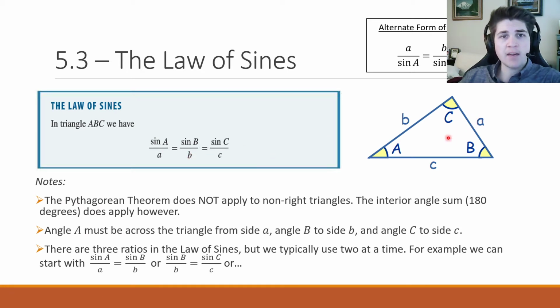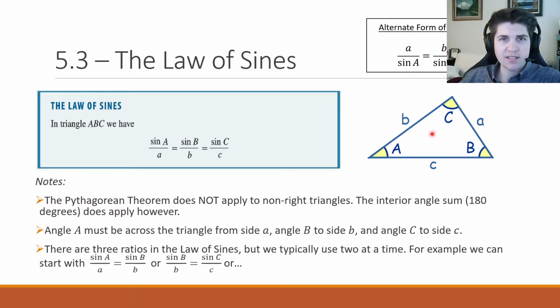And remember the naming convention, which is common with these chapters on trigonometry, is that even when a triangle is not right, we typically use A, B, and C to stand for the sides and the angles. Typically a is the smallest side, c is the longest side, and b is the intermediate side, but it doesn't really matter.